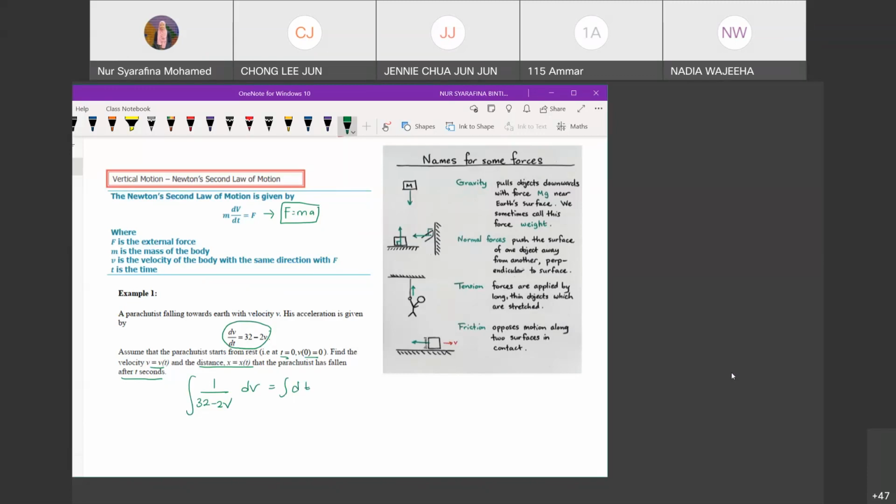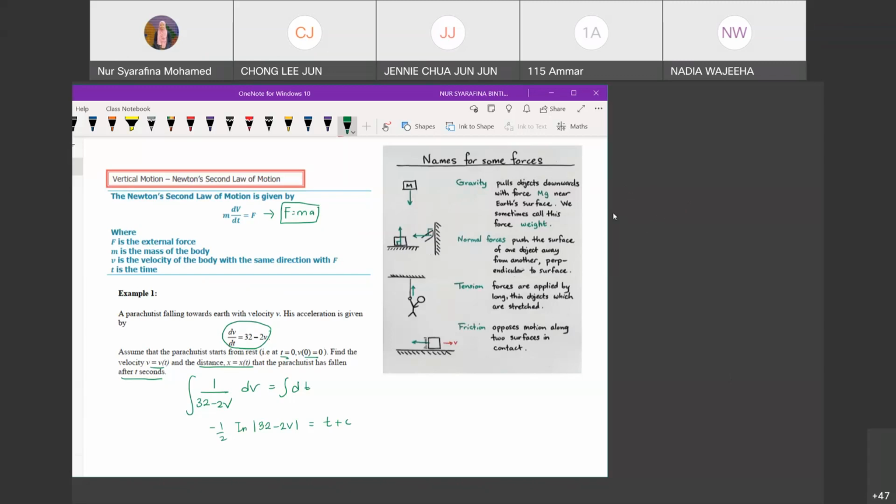Okay, so this one you can get what? Minus 1 over 2 ln(32 minus 2v) equals t plus c. Same, if you use this or simplify like Theo did in the chat box, you just bring that 2 to the right hand side and then you get negative 2 there.